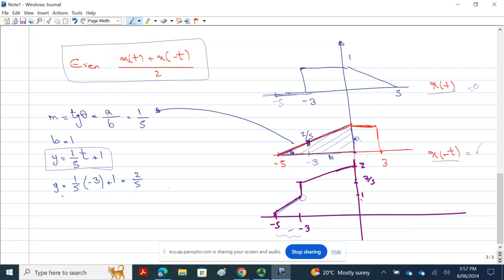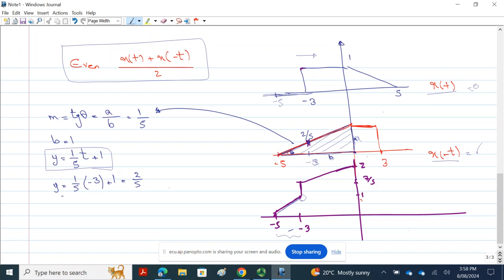Okay, now from minus 5 to minus 3, it was easy. I added these two because x(t) was 0. It's going to be similar to the bottom signal. Now, at time equal to minus 3, I need to add 1 to my value, 2 over 5, because from this point onwards, x(t) is going to have a value.